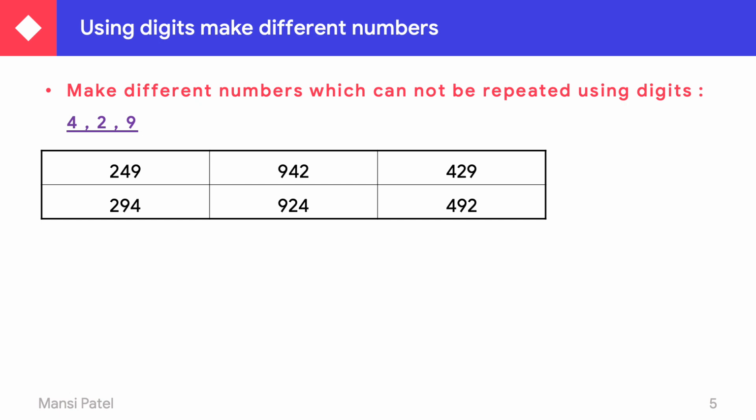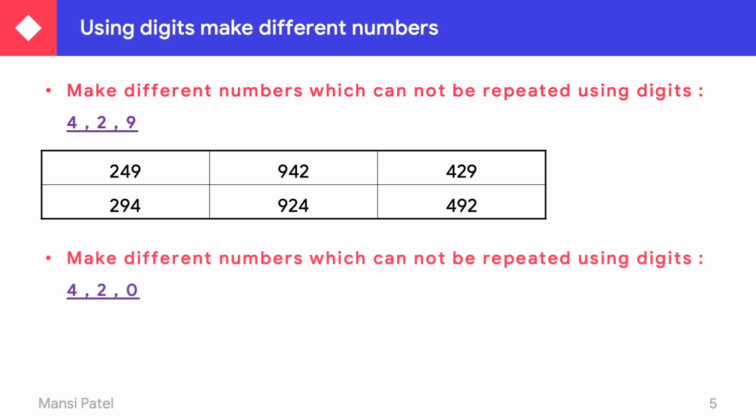So you can see here, with the help of this 3 digit, we can make 6 different numbers. And you can see also in this, not a single number is repeated. So these are the different ways how to make numbers using digit. Let us see another example. 420.